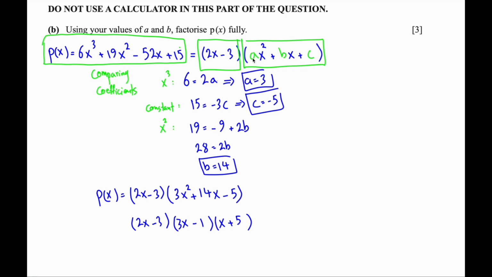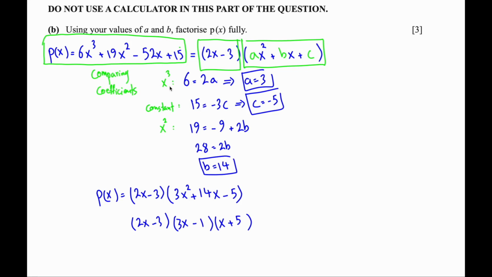So I'm going to introduce new constants a, b, c, where those are the coefficients of my leading term, the x term, and the constant respectively. So a and c can be found very easily. The strategy I'm going to be using here is comparing the coefficients on both sides.